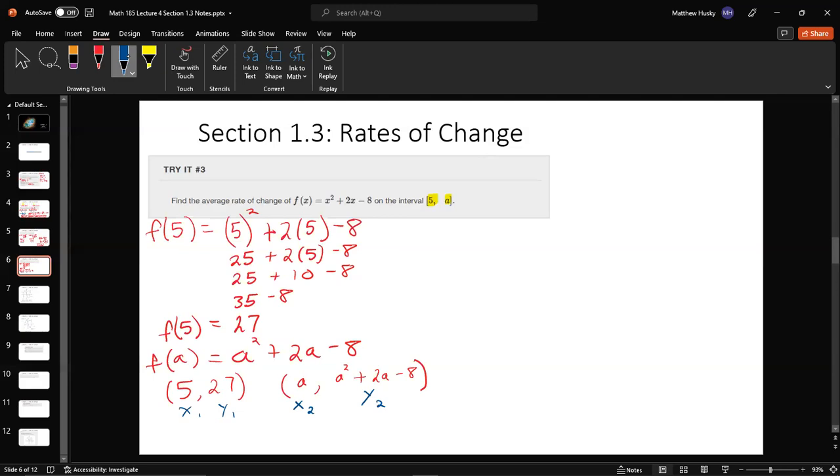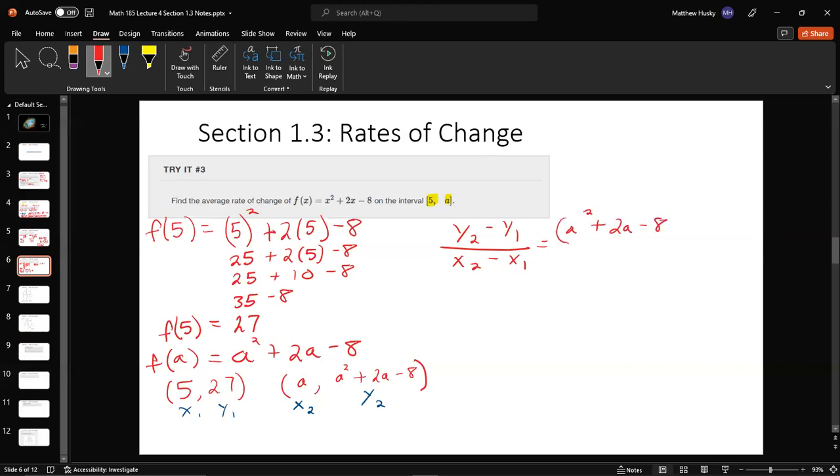So what do we always do? Well, we say, okay, we're going to do y2 minus y1 over x2 minus x1. So y2 is this big old thing right here, which is a squared plus 2a minus 8.